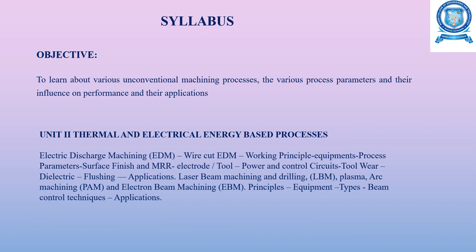The syllabus for the second unit, that is thermal and electrical energy based processes, covers electrical discharge machining and wire cut electrical discharge machining, where we'll study the working principle, equipment, process parameters, surface finish, electrode tool, power and control circuits, tool wear, dielectric flushing and applications.